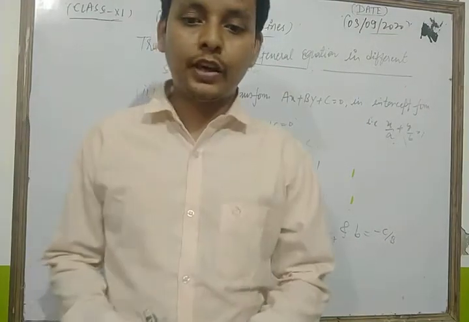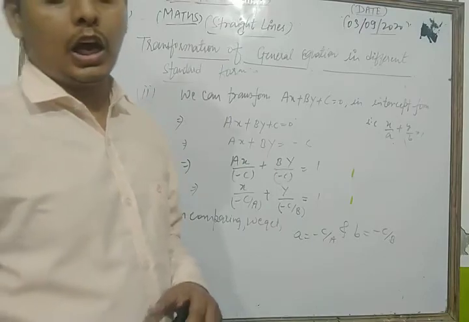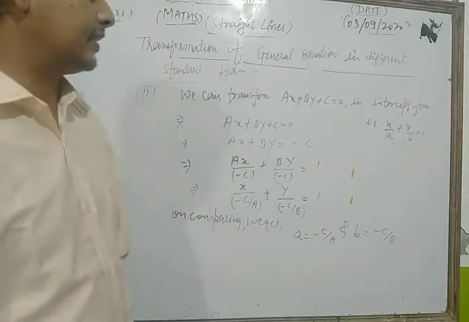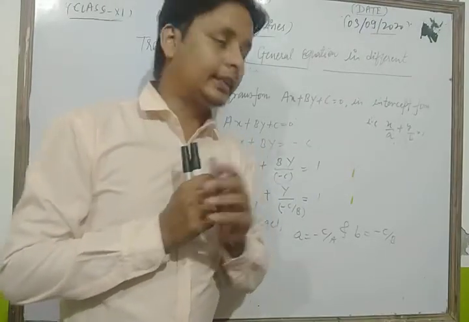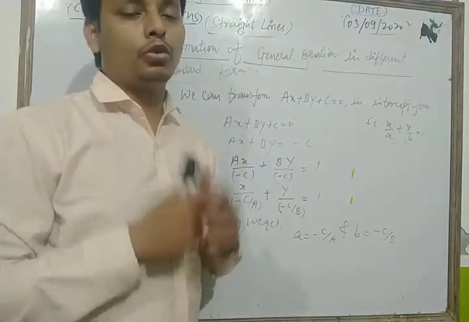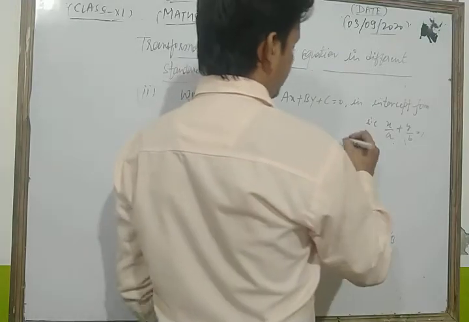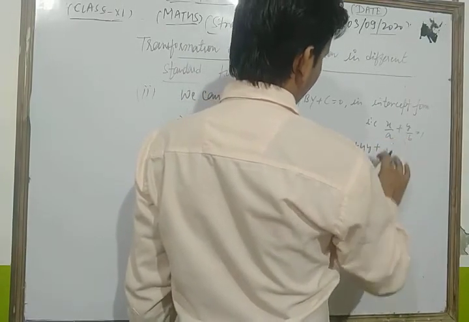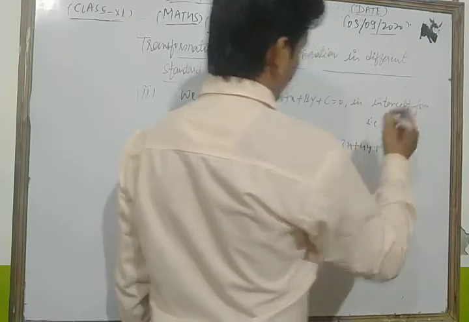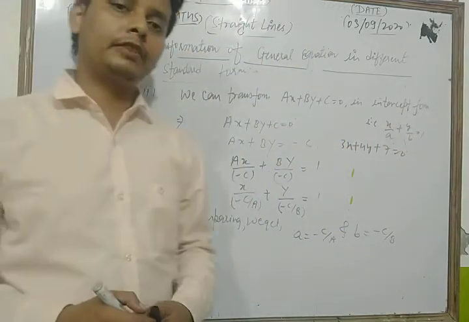So dear student, in this way you can solve all the questions of your NCERT exercise based on the transformation of the general equation of a line into various different forms. Suppose you get an equation of line 3x plus 4y plus 7 is equal to 0, then what is the value of the x-intercept and y-intercept?